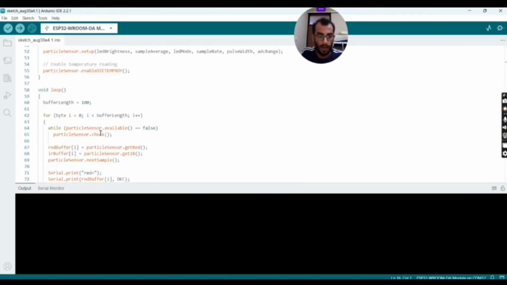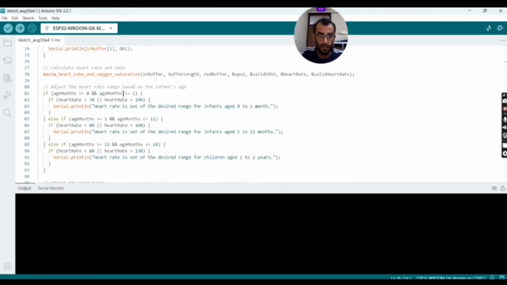For example, for the heart rate, between 0 and 1 month, the heart rate of the baby is between 70 and 190, from 1 month to 11 months it's between 80 and 160, and from 12 months to 24 months it's between 80 and 130.